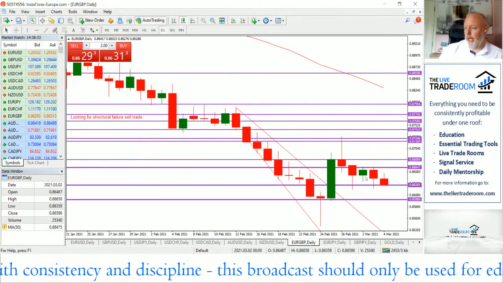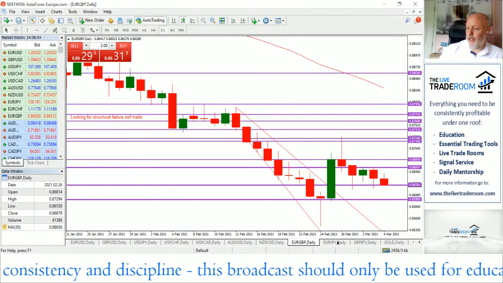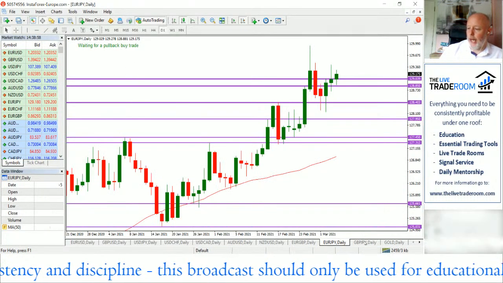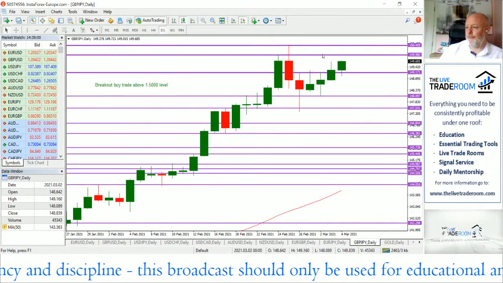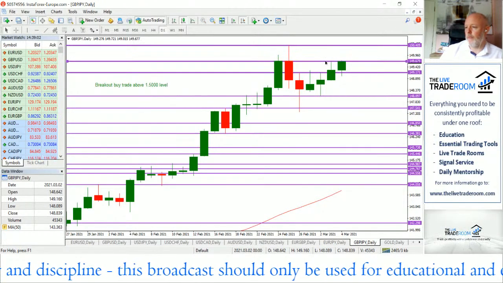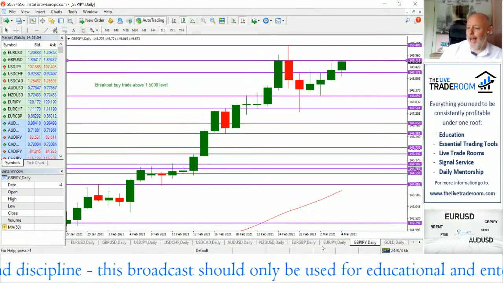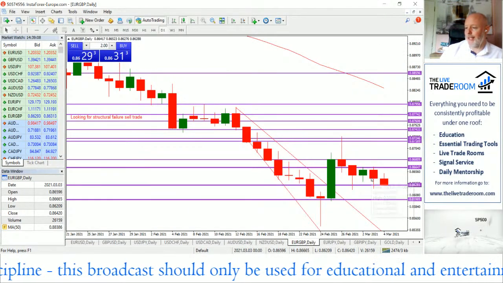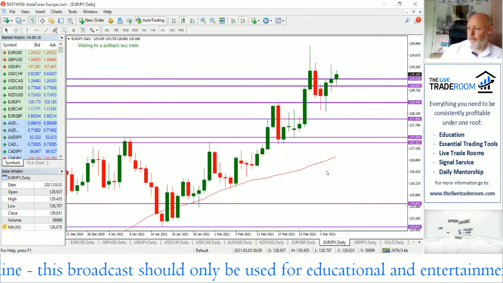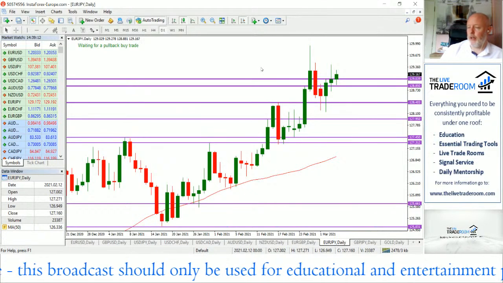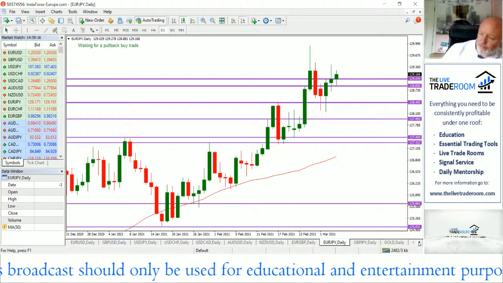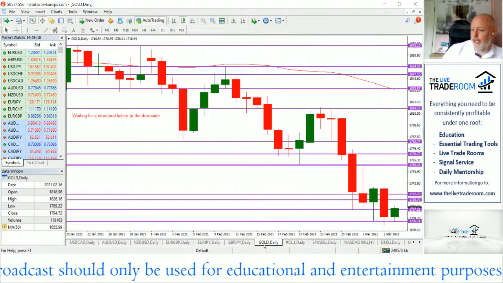But we are seeing the pound begin to move against the euro and also against the yen. So we can certainly add these two trades to our analysis to see if we get a coherent move to the downside. The euro yen is attempting to push higher, but no real movement as such.